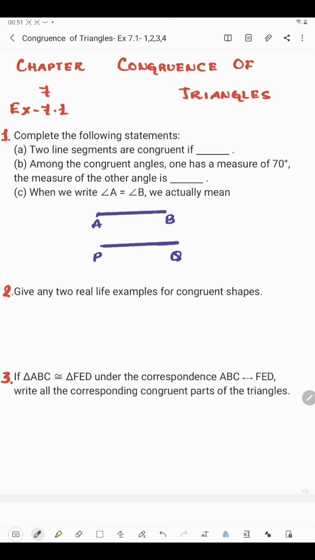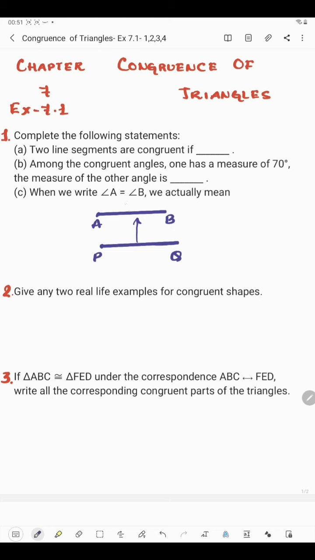Now these two line segments are congruent when they overlap each other. If we place this line segment on top of this line segment, it overlaps completely. So we can say that these two line segments are congruent. This is possible if the two line segments have the same length.